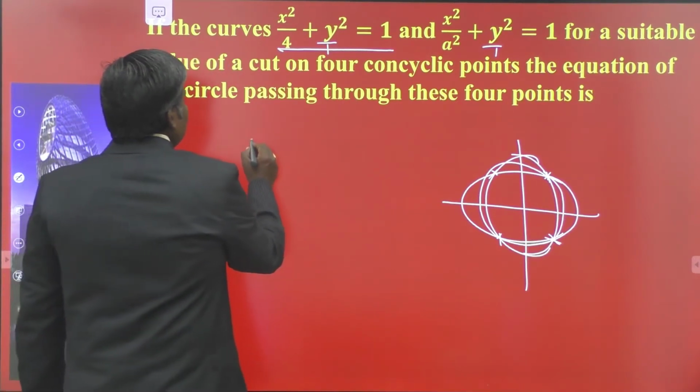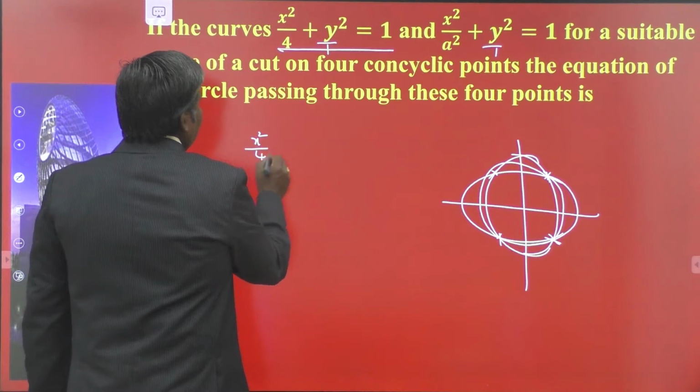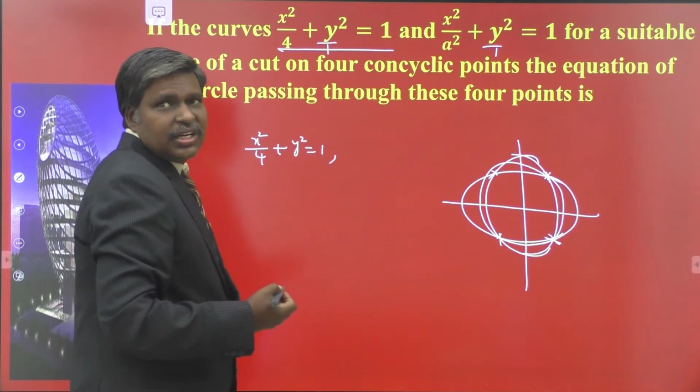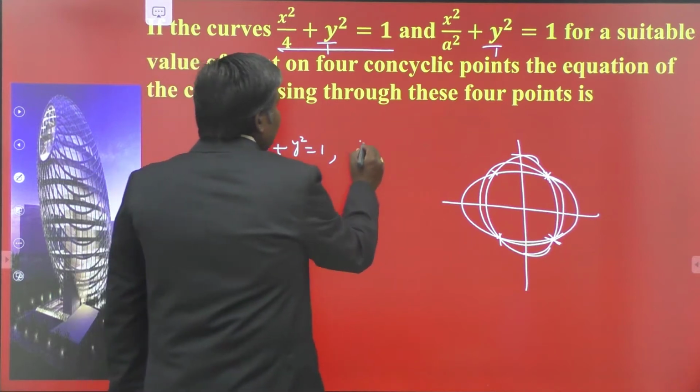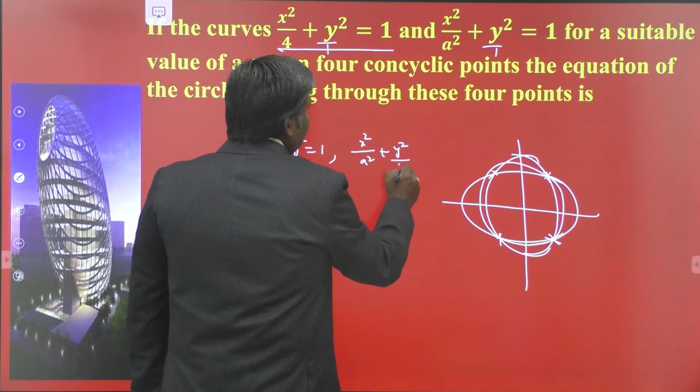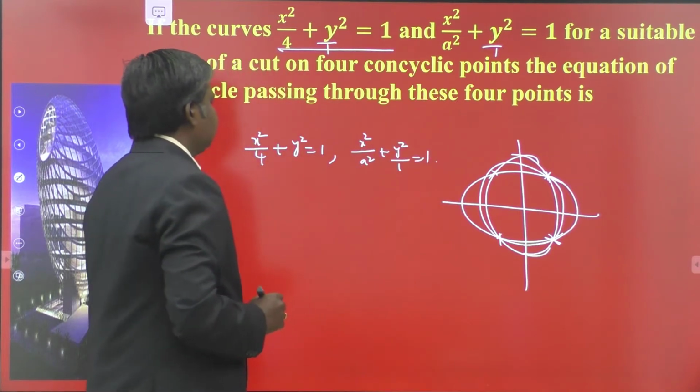So the first equation is what? x square by 4 plus y square is equal to 1 is your first equation. And the second one is what? x square by a square plus y square by 1 is equal to 1.